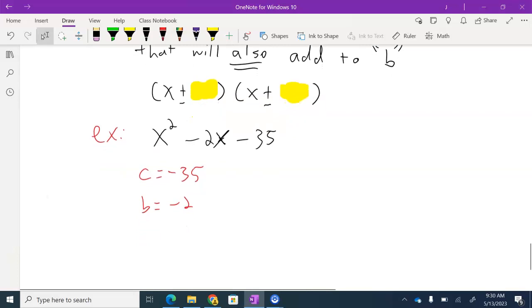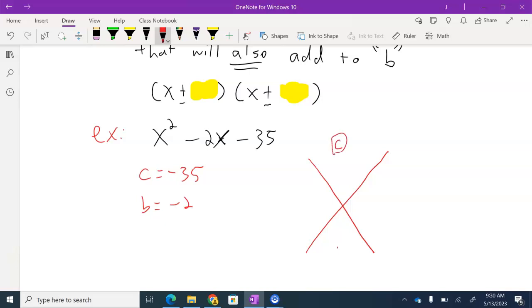One way you could structure this is you could create a big X where your C value is up on the top and your B value is at the bottom. So let's populate that. The C value was negative 35 and the B value was negative 2.